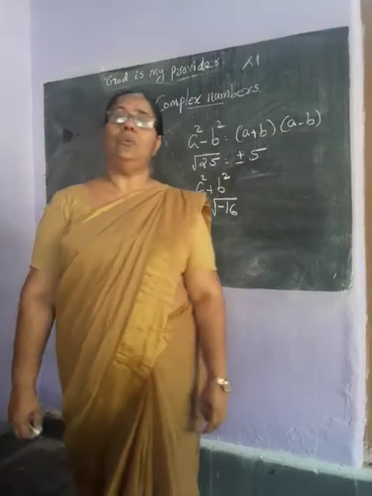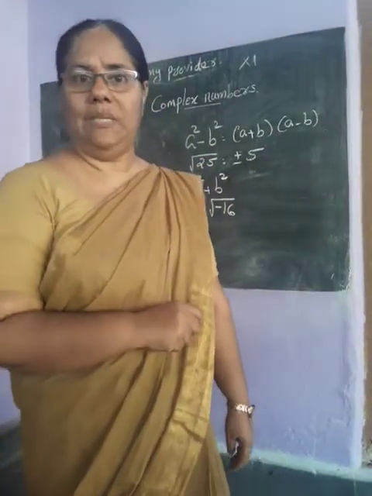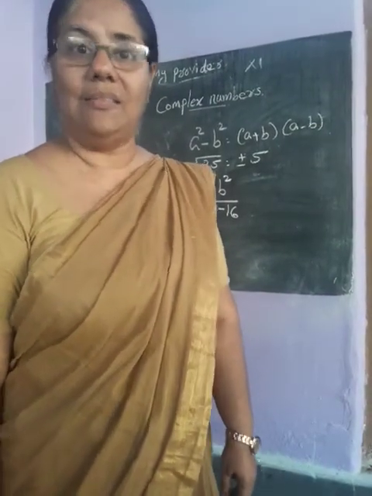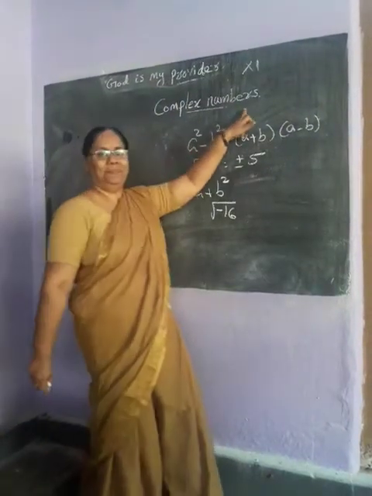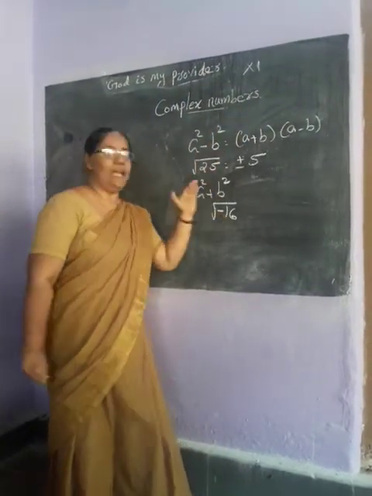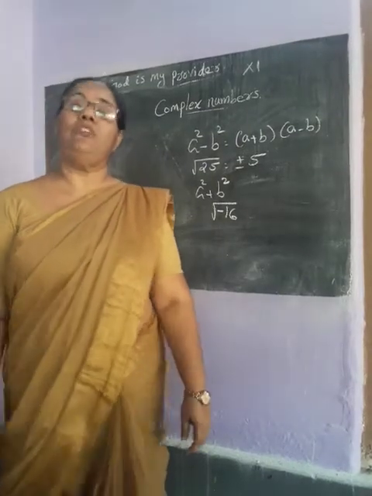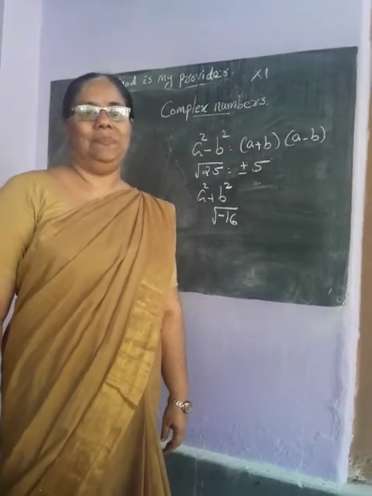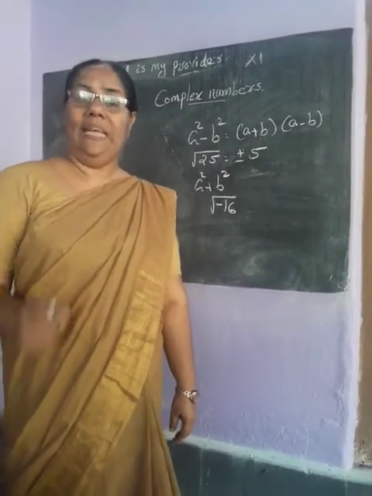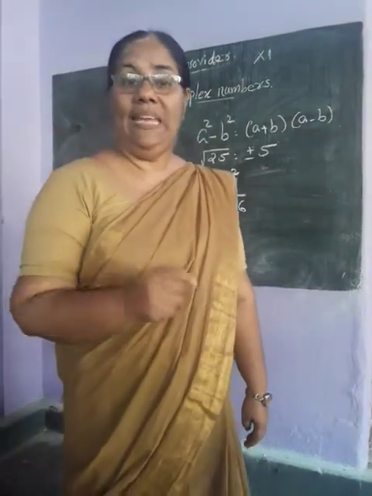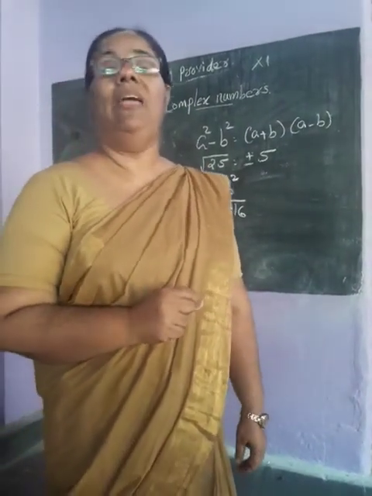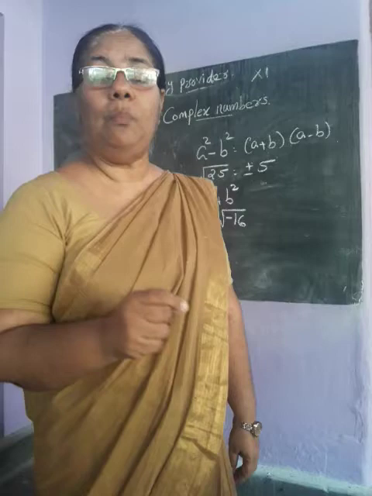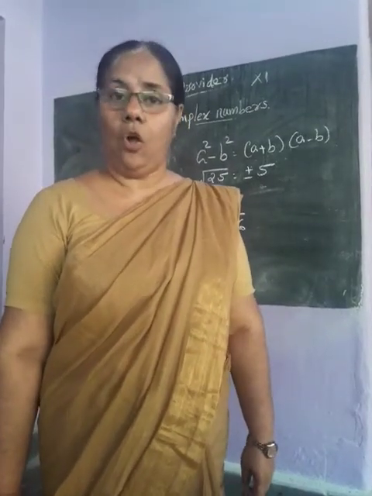In order to solve such problems, another system of numbers was introduced, known as complex numbers. Listen to the definition. A number of the form a plus ib, where a and b are integers and i is equal to root minus 1, is known as a complex number.